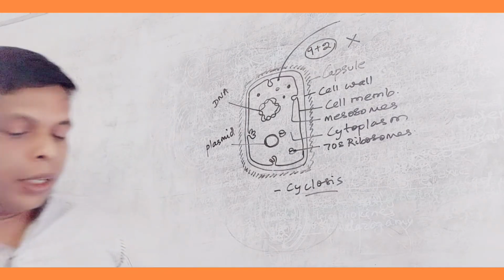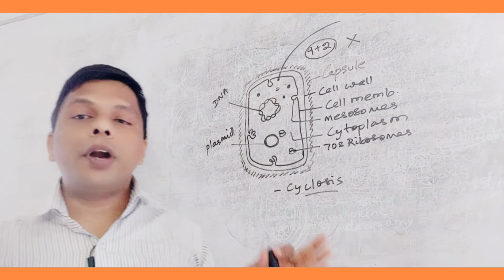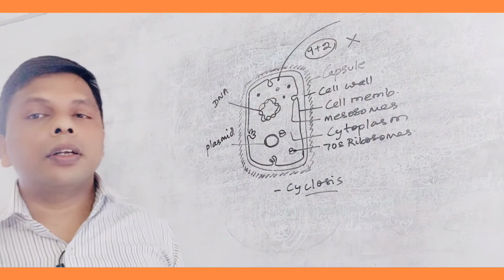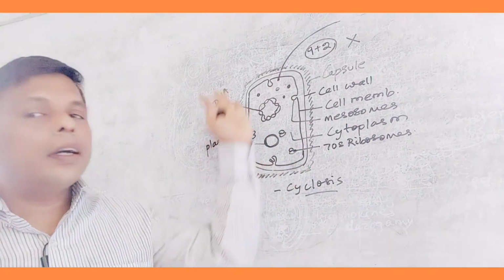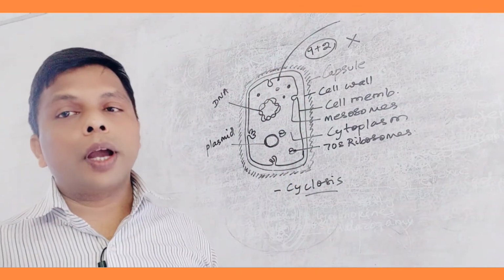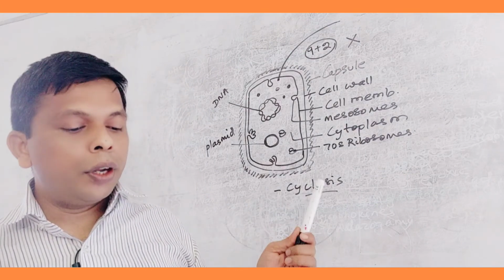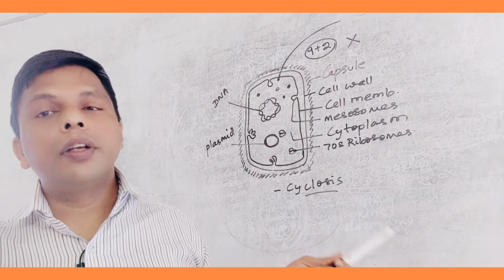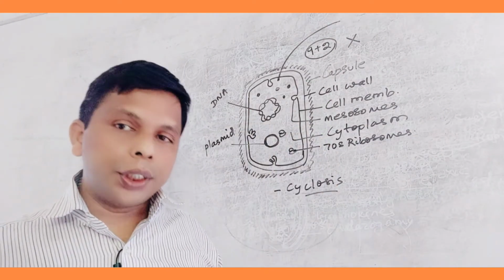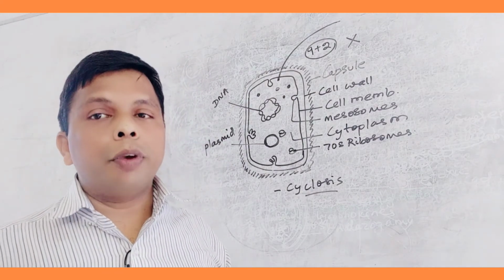In a prokaryote, cyclosis will not be there. The nucleus without a definite nuclear membrane is called a nucleoid. So these are the features associated with prokaryotic cells. The locomotory organ is of primitive type, and cyclosis is not found.